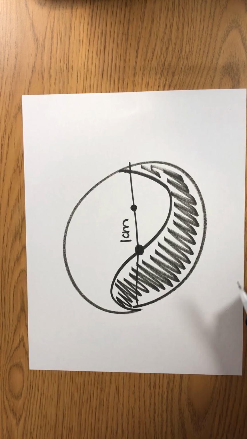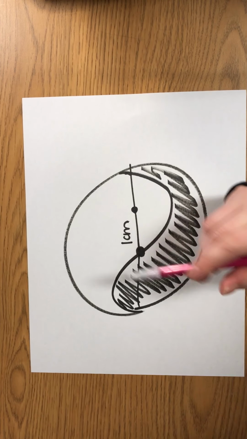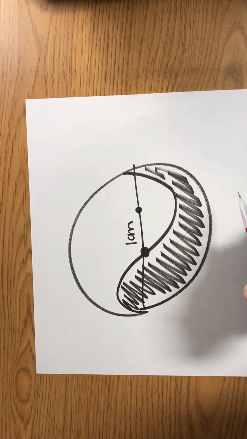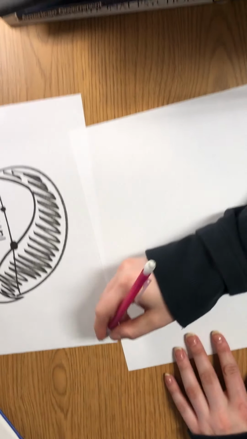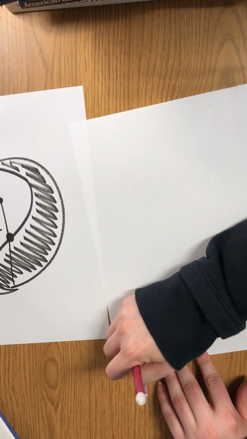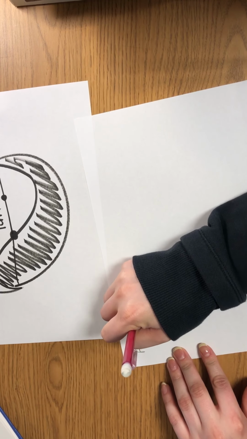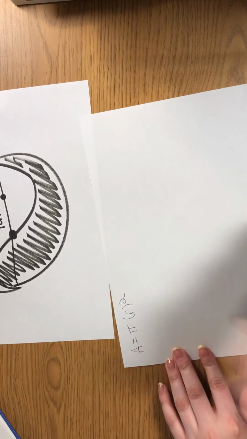Therefore, to find the area of the shaded region, we want to find the area of half of the circle. So in order to do this, we want to find the area of the larger circle to start. So again, we know that area equals pi times our radius squared.